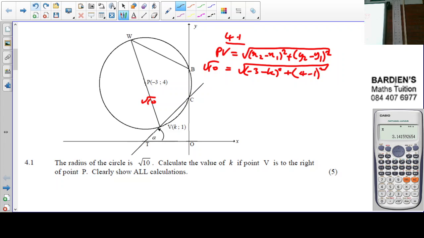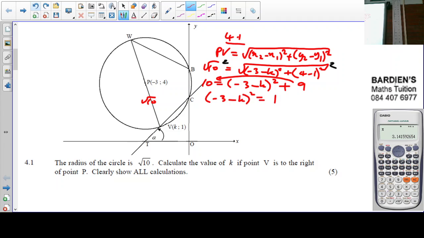To get rid of the square root, I square both sides. So 10 is equal to (negative 3 minus k) all squared plus 3 squared, which is 9. I take the 9 over the equal sign: 10 minus 9 is 1. So (negative 3 minus k) all squared is equal to 1.